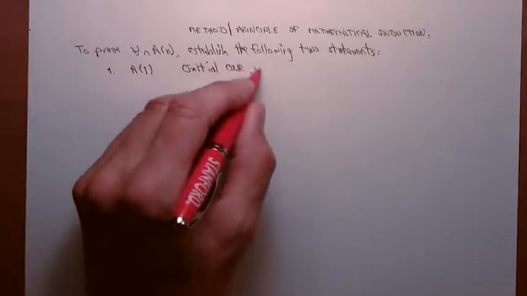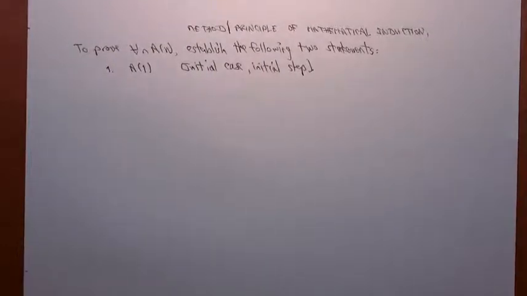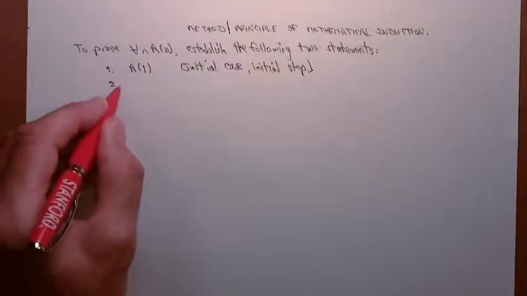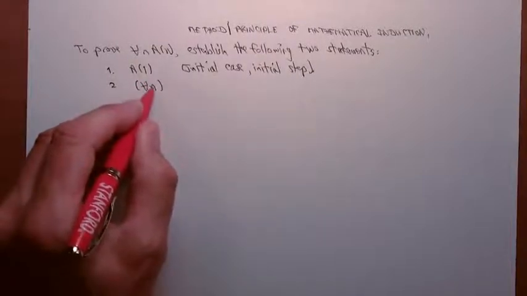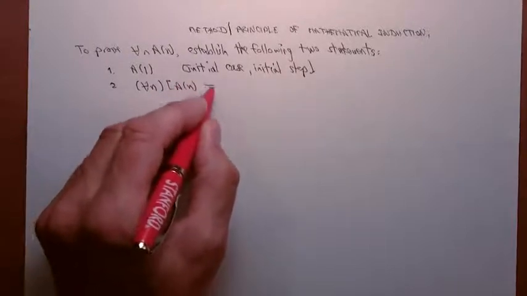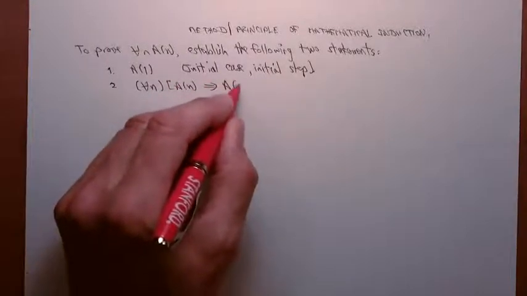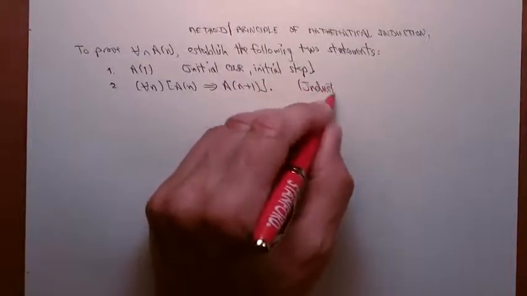That's known as the initial case, or the initial step. 2, prove the following statement: for all natural numbers n, if A of n is true, then A of n plus 1 is true. That's known as the induction step.